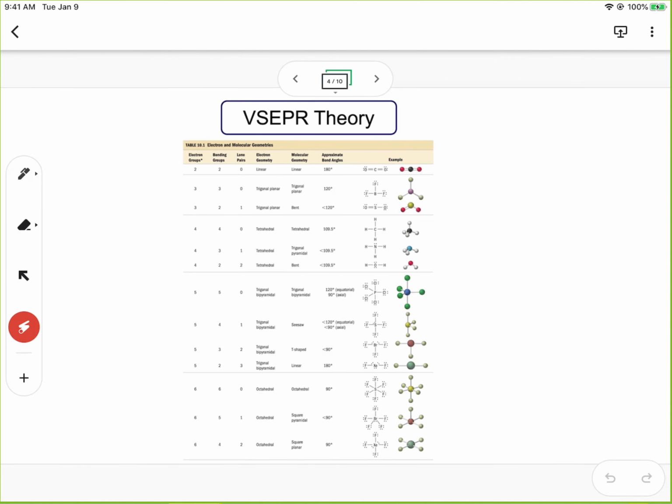Once you identify the 3-digit code, you should be able to identify both electron geometry and molecular geometry. In the following slides, I'm going to show you a couple of examples. Another thing I want to mention is this table will be given in your test. You don't need to memorize anything. You just need to know how we use VSEPR theory to identify the geometries.